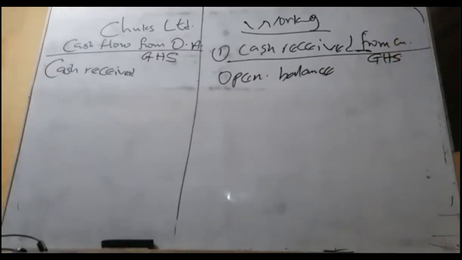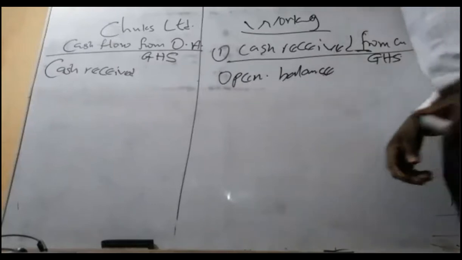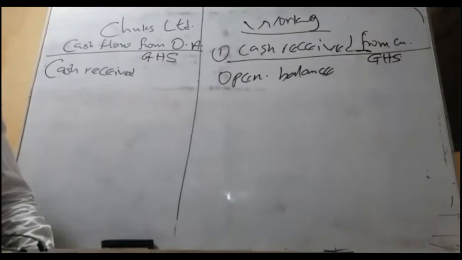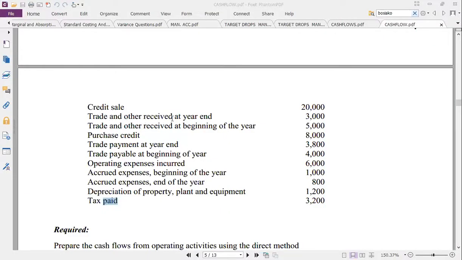Let's go and pick the open balance from the first step. Trade and other receivables at the year end, that's the closing balance. At the beginning of the year, 5,000. At the end, 3,000. Credit sales, 20,000. We are done.